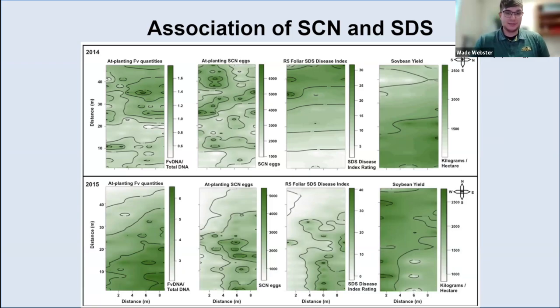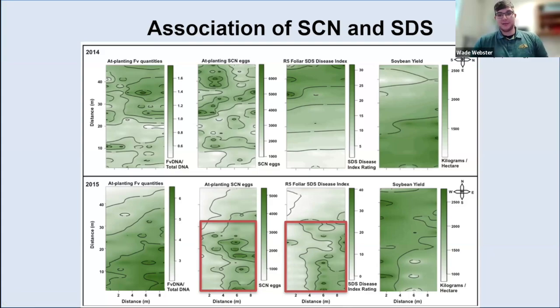Now, to demonstrate that again, in 2015, another trial was performed, same exact concept, looking at the SCN concentrations at planting, and we can see these high pockets right down here, these very circular dark green areas, with high levels of SCN.